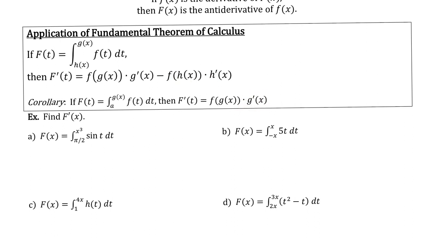Now according to this, I should subtract f of a, but then I'm going to times it by the derivative of a, and since the derivative of a is 0, it goes away. So if this is a constant, I only consider the upper limit. Okay, let's try it to see what this is going to look like.